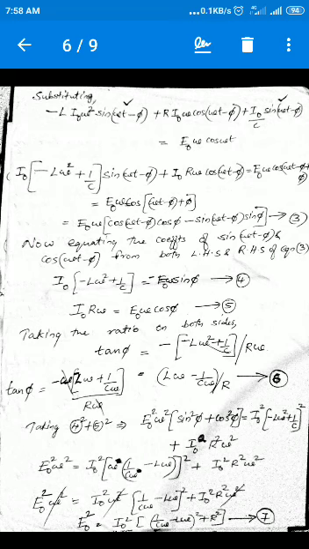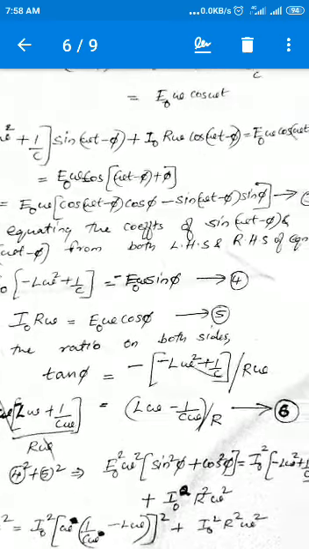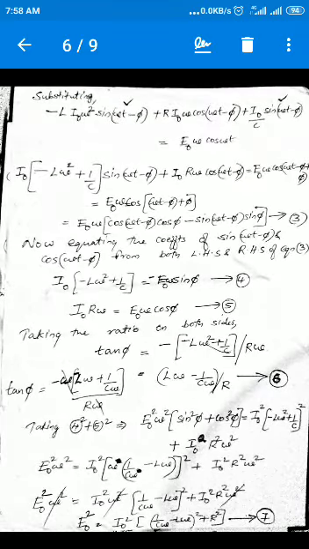The right hand side term is now in the form cos A plus B. So now we just expand it. Cos of A plus B is cos A cos B minus sin A sin B. In that way, we expand the right hand side, and that is equation number 3: E0 omega into cos omega t minus phi cos phi minus sin omega t minus phi sin phi. Okay, we got the equation 3.